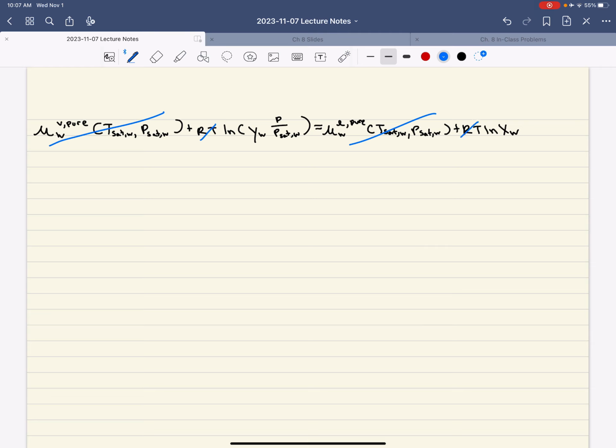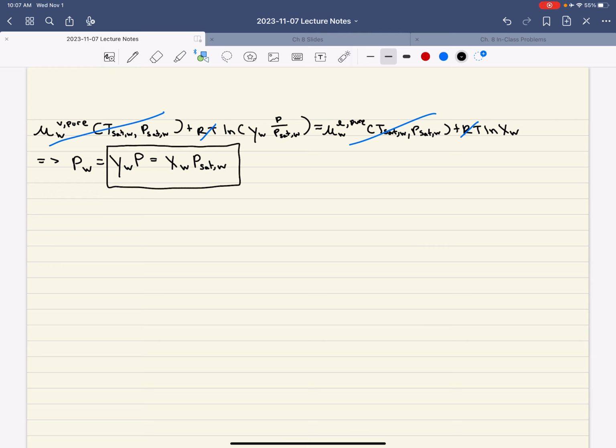And for those ln's, we just take the exponential of both sides and get rid of them. If we rearrange the equation, we get the following relationship. Our partial pressure of water in the vapor phase, which is just the mole fraction times total P, is equal to the mole fraction of water in the liquid phase times its saturation pressure.